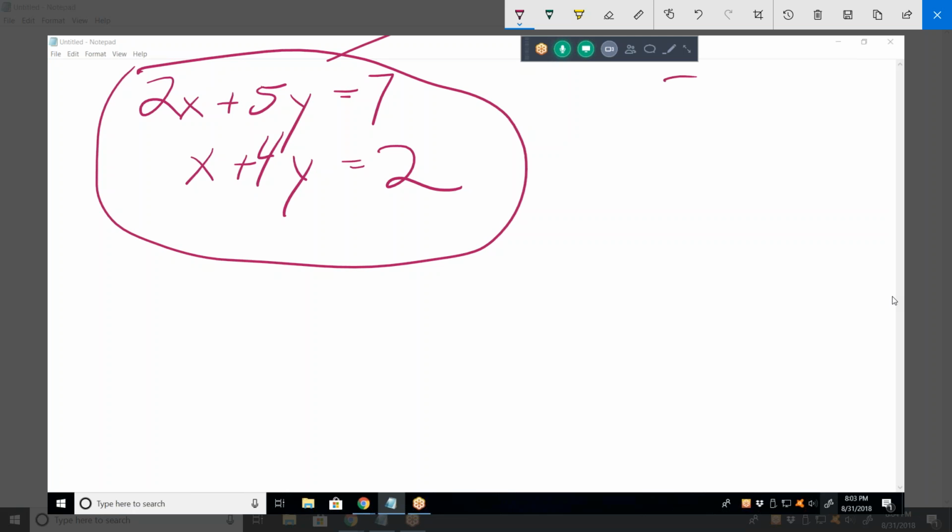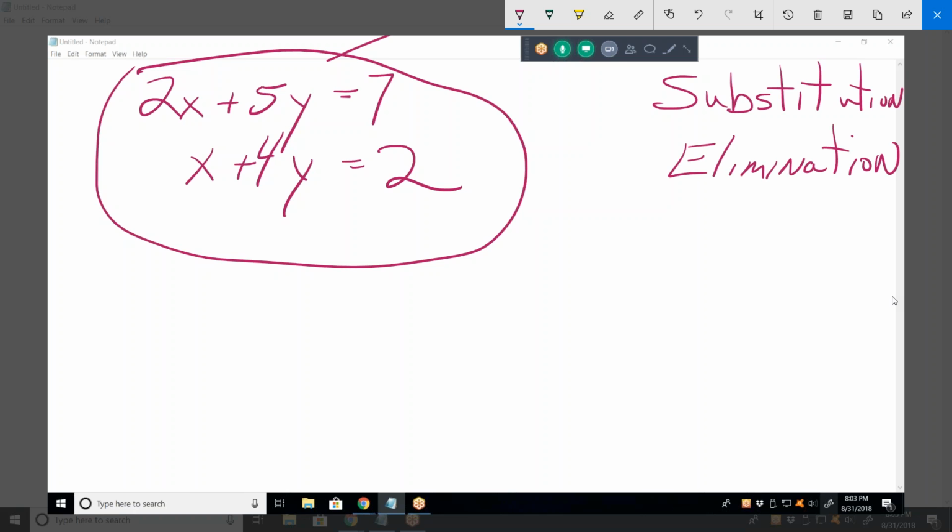And with those, you really have 2 choices. You can either do it by substitution, or you can do it by elimination. Now, the format that they gave you these 2 equations in is standard format, both of them.